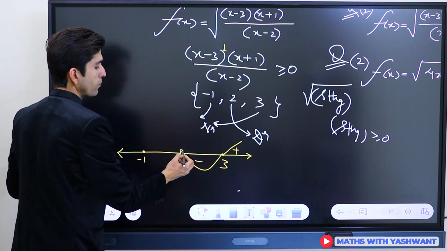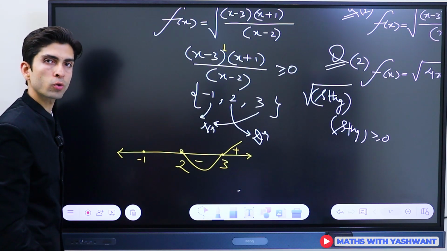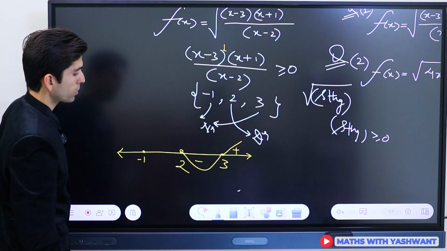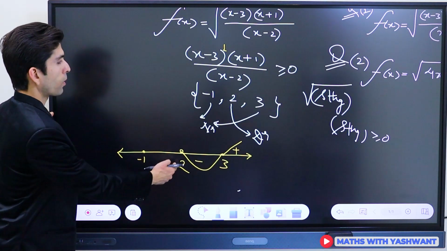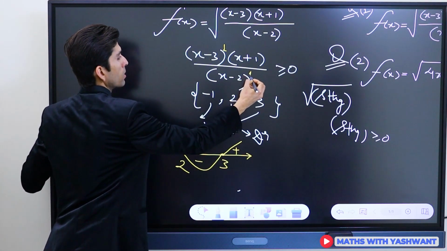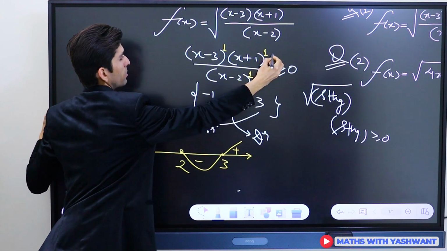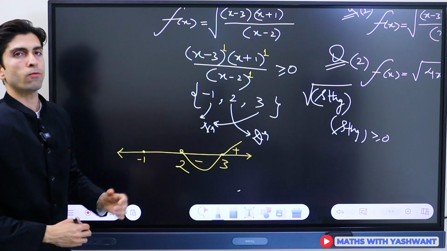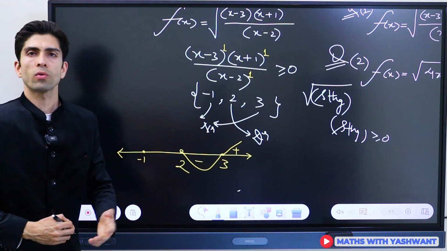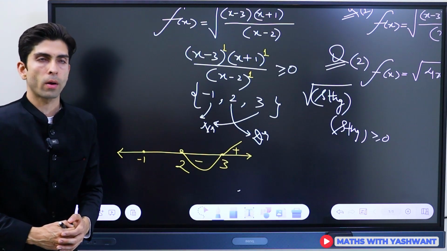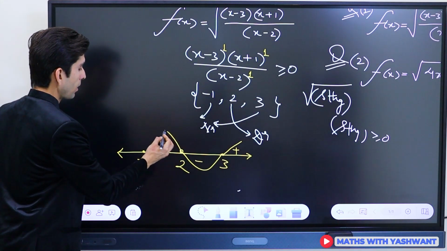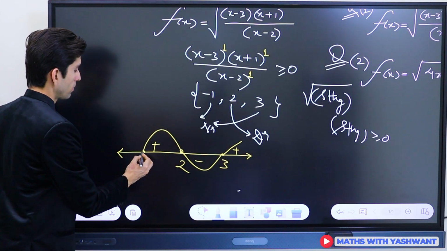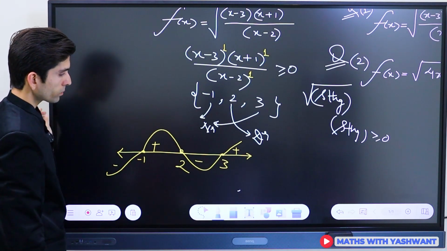And again we have to decide whether to change the sign or not. The power of the linear factor x minus 2 is again odd. Actually, all the linear factors have odd power, because when the power of a mathematical quantity is not written, by default it is taken as 1. So we change the sign alternately: positive, negative, positive, and then again negative.